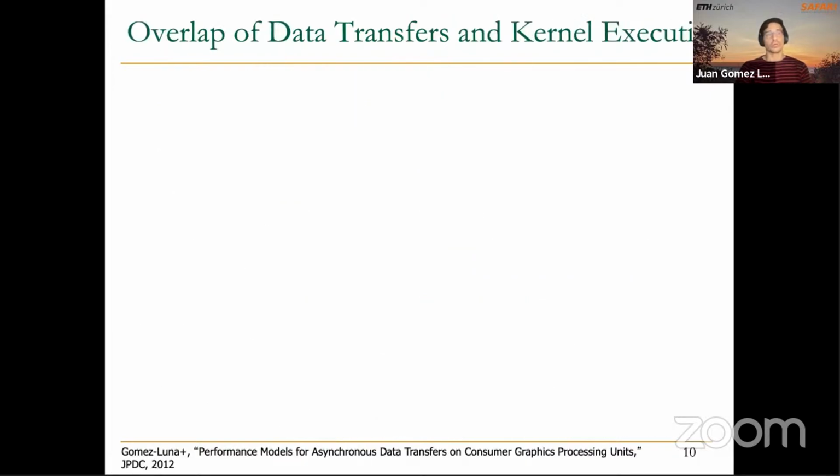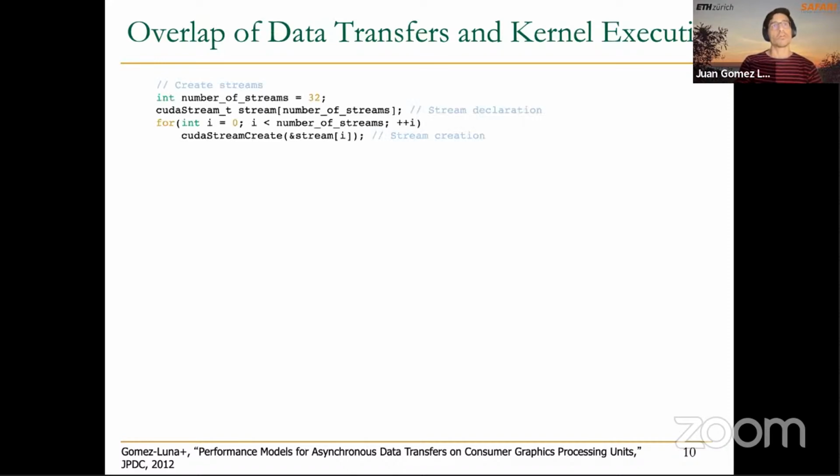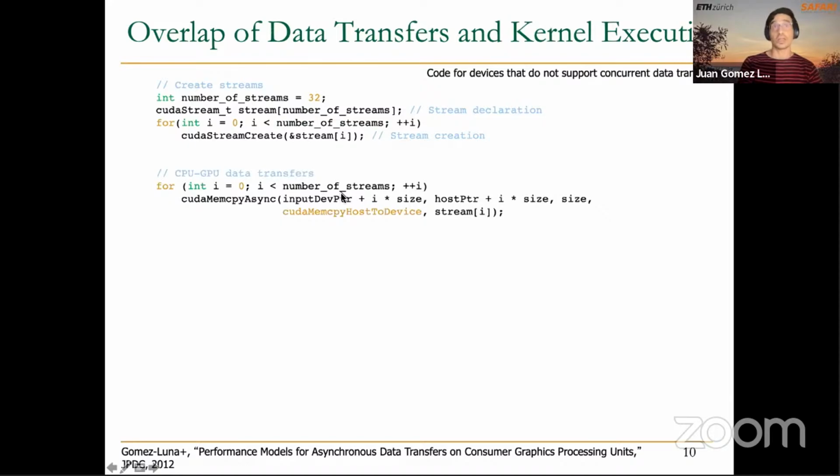We worked on these CUDA streams and modeling the asynchronous transfers and the overlapping in one of our past papers. The way to do this is, first of all, creating CUDA streams. We have to declare them as you see here, and then create them using this API, cudaStreamCreate. After that, we need to launch the data transfers for the input data from the host memory to the device memory.